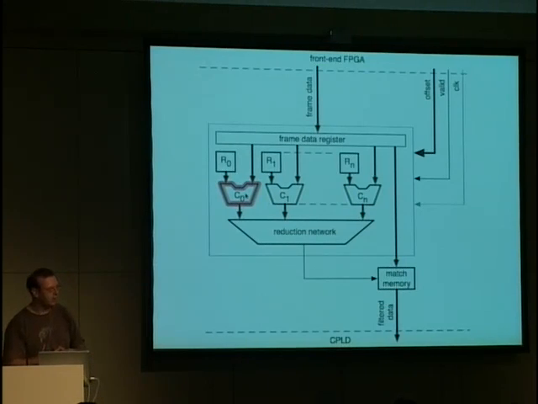And what this system really does is, on compile time, putting these rules in. And by that, sharing between different rules, different components, different resources in that FPGA. And this is how they can get so many rules into one FPGA.